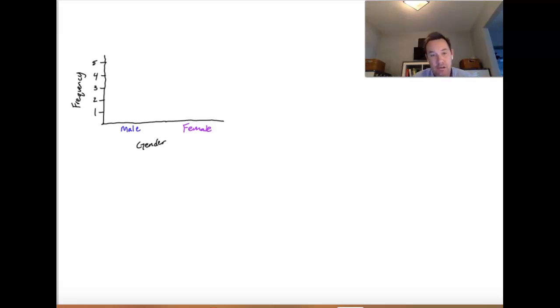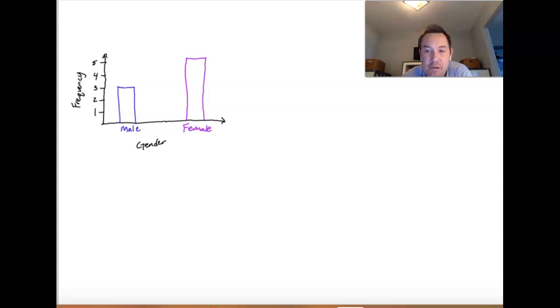That's just how often each value of the variable occurs, the values being male and female in this case. So there were 3 male, so I'm just going to draw a bar up to 3, and there were 5 female, so I'll draw a separate bar up to 5. And there we go. There's how we can display the distribution of a categorical variable.